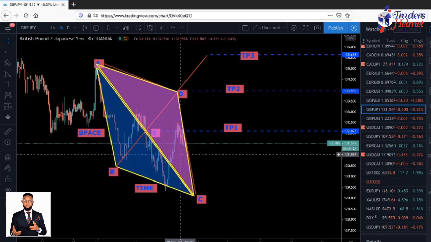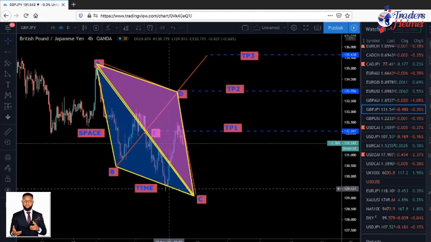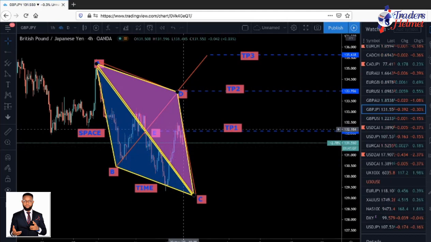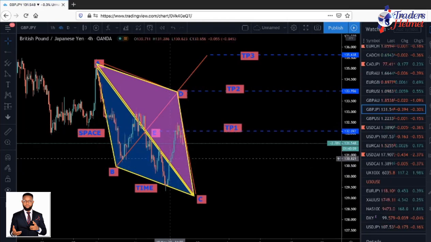Do not take a trade inside or outside it. Once price breaks out and closes outside the first triangle, then TP1 is 100%. It must get to this point. You can see the moment it broke out, it got straight up here.